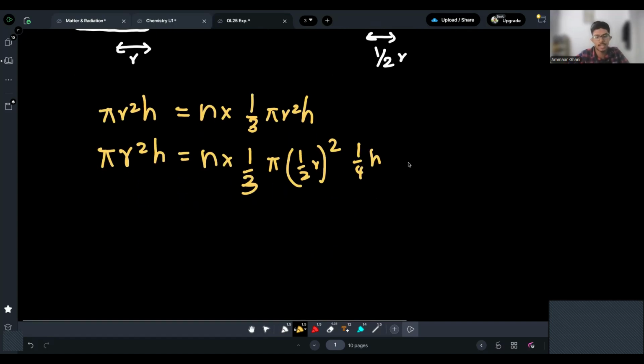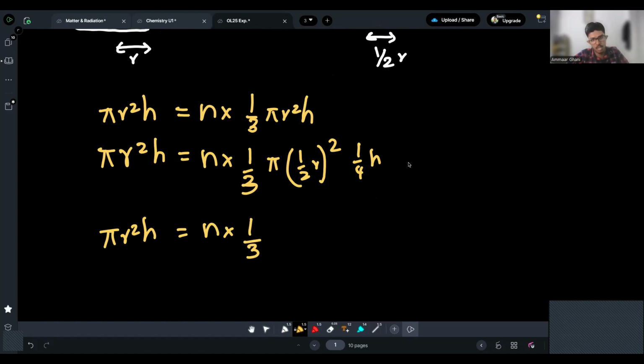So you can simply cut in this step, but let me take another step to explain it perfectly. So pi r squared h is going to be equal to n into 1/3 pi. So you square this, which is going to be 1/4 r squared. You can use multiplication symbols in between if you like. So 1/4 r squared into 1/4 h.